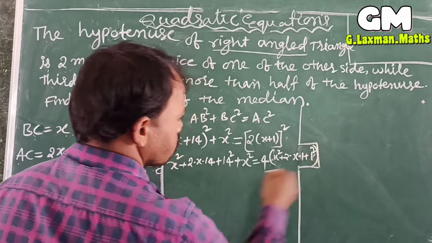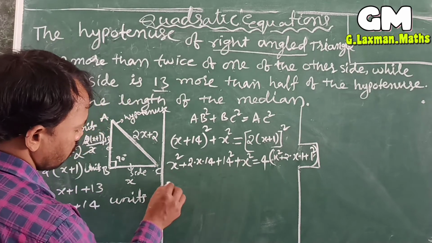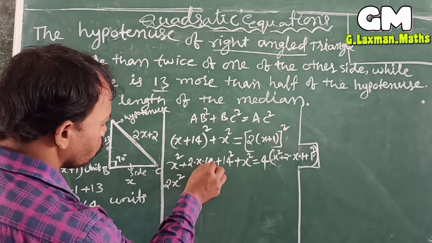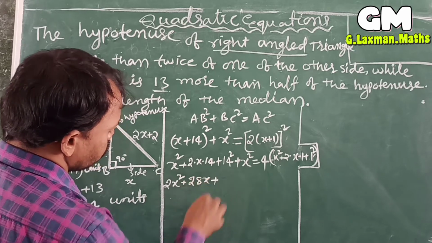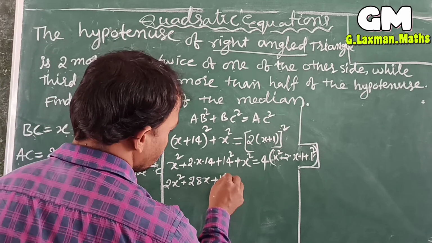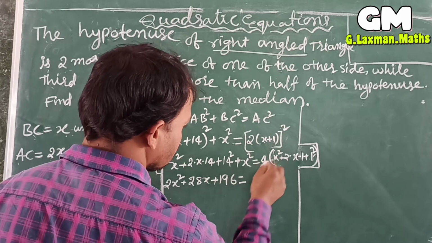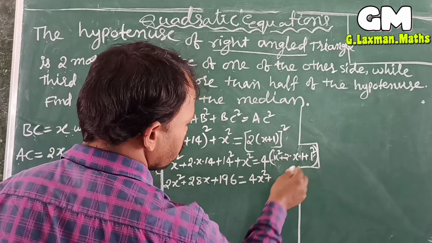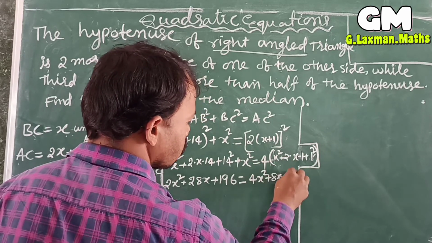Now simplify this. x square plus x square is 2x square, and 2 14s are 28x, plus 14 square, how much? 14 square is 196. It is equal to, just multiply this, 4x square plus 4 2s are 8, 8 1s are 8x, plus 1 square means 1 into 4 is 4.